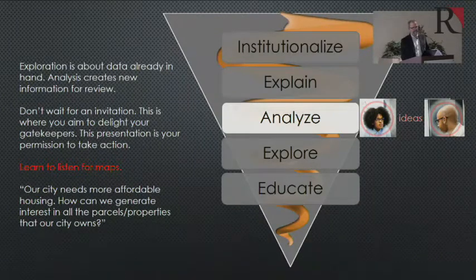Your opportunity is to ask follow-up questions. Identify the audience. Who are we talking about? Because that will guide our exploration and our analysis of the data. The biggest thing I can encourage here is don't wait for an invitation. As a spatial thinker, you may be the only one in the room who gets it that this is a spatial problem, or may be a spatial problem, right?